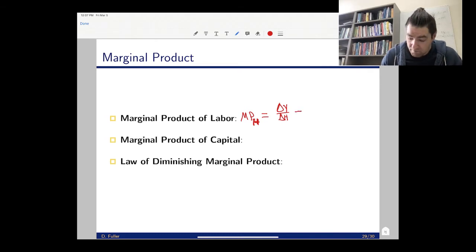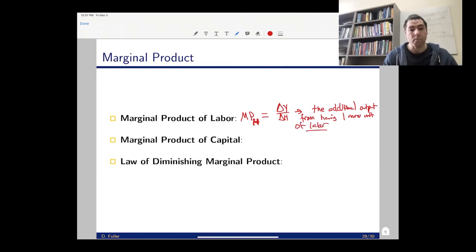And it tells me the additional output from having one more unit of labor. That's what it tells me.